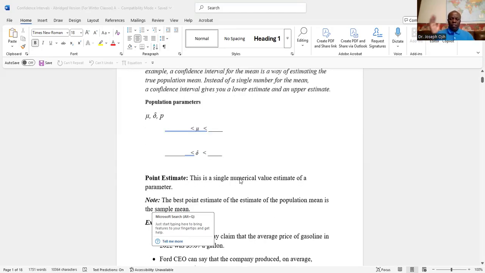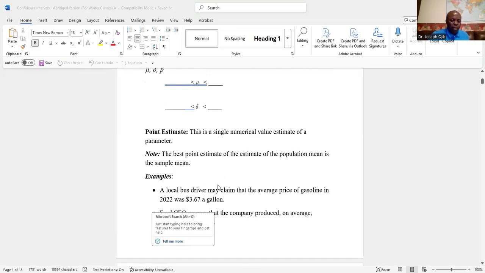So a confidence interval has two values: the lower end and the upper end. Let's start with the point estimate. This is the one that most of you are familiar with. It is a single number that estimates the population parameter. Usually for the mean, the best point estimate for the population mean is the sample mean.